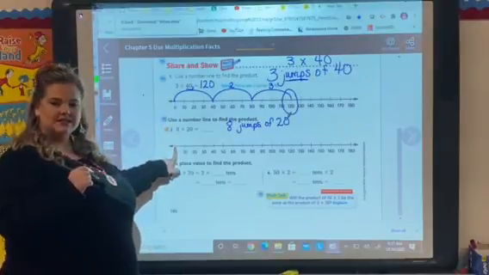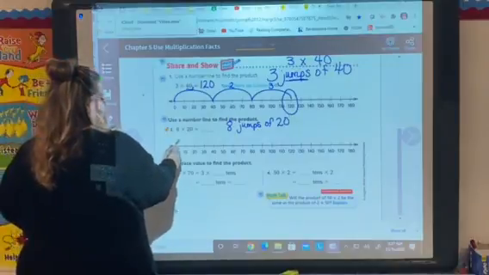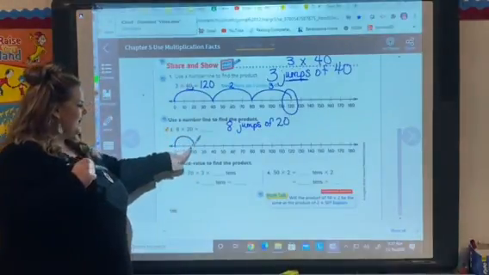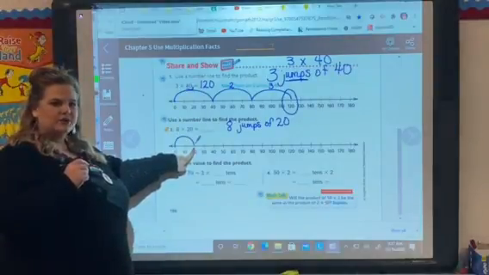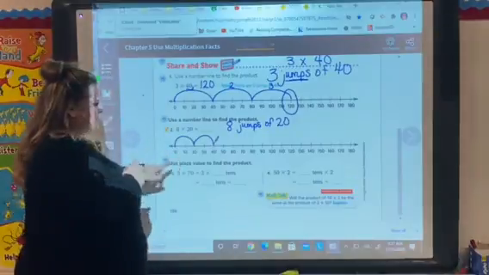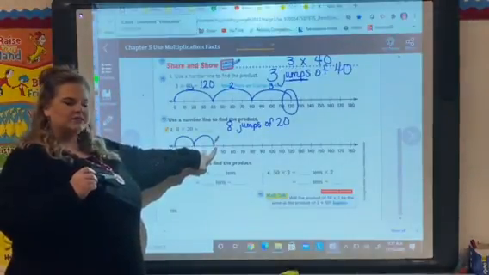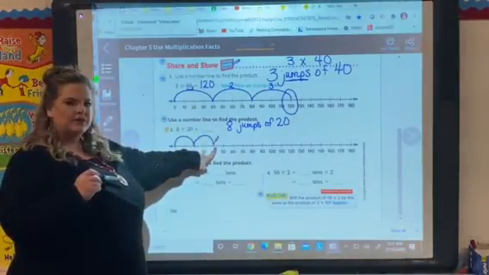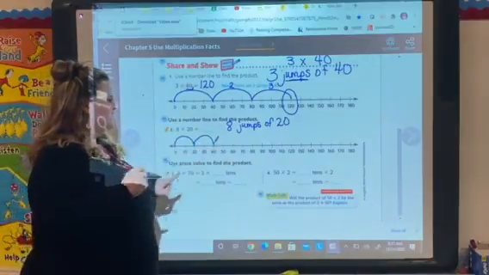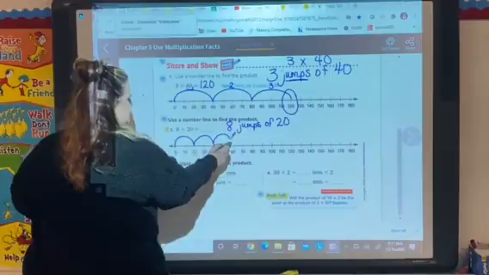On my 0. So my first jump will easily stop at my 20, okay? And then I'm going to add one more jump of 20, so I'm going to stop at the 40. Going to add one more set of jumps, and remember, if you don't know what the next 20 is, you just count by tens. 10, 20. So I'm going to stop at 60.